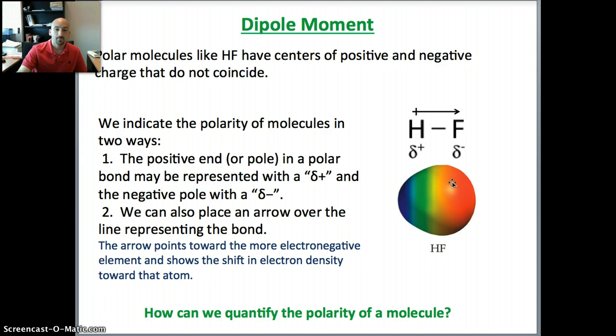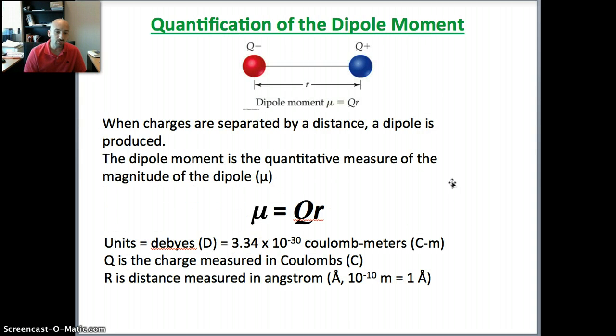Okay, the question that should come up is, well, how can we quantify the polarity of a molecule? Well, for a nonpolar molecule, the dipole moment is 0, right? There's no charge separation. However, for a polar molecule, we can calculate the dipole moment using this equation. Okay, and so Q is just the charge measured in coulombs.